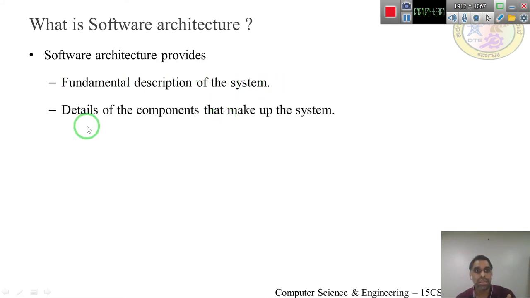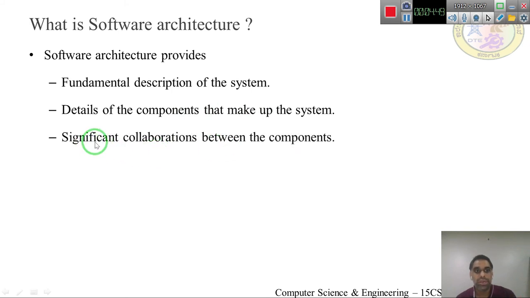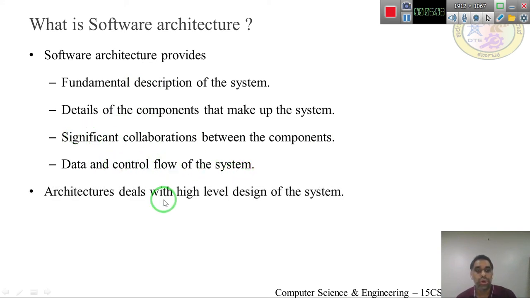Second, it also deals with the details of the components that make up the system, because the system comprises many components, so it is necessary for us to identify what each component comprises. Third, software architecture provides significant collaboration between the components. And fourth, it also provides the data and control flow of the system. So overall, architecture deals with the high level design of the system.